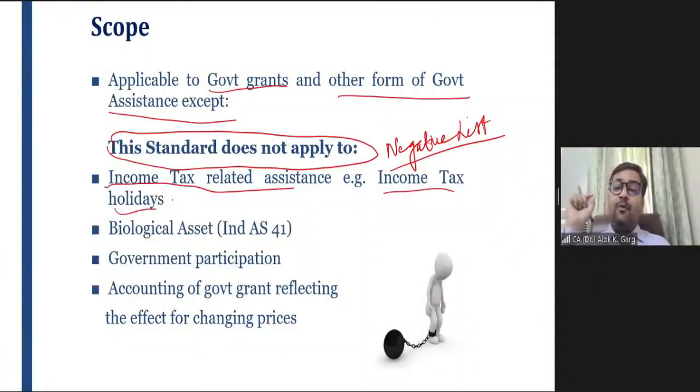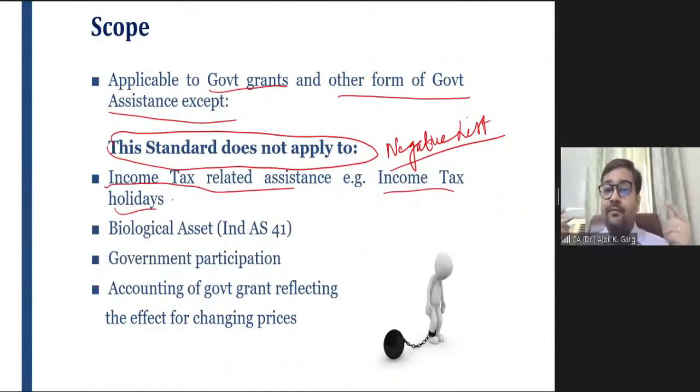If the government is providing any income tax related assistance, so assistance is a bigger word. Let me clear to all of you, assistance is a bigger word which includes grant. If the assistance can be measured in monetary terms, it is a grant. If the assistance cannot be measured in monetary terms, it is treated as government assistance only with respect to this standard.